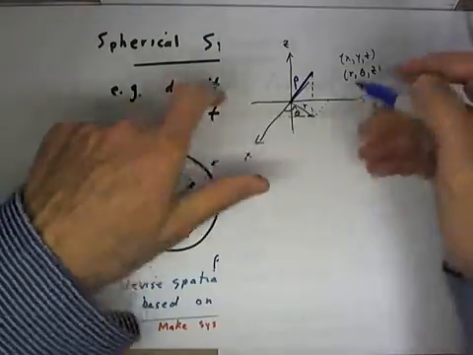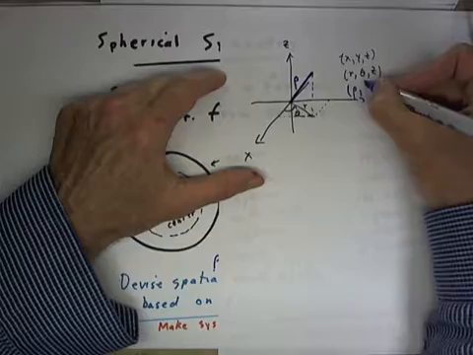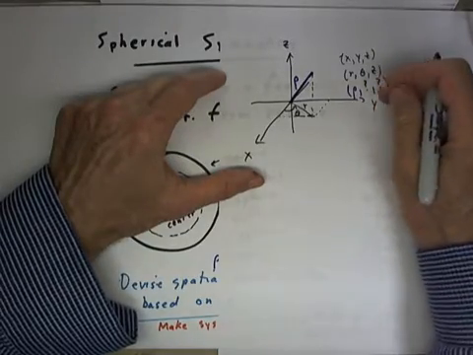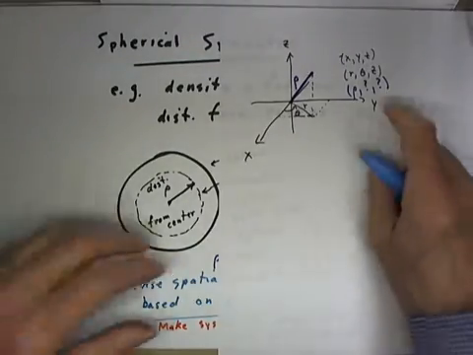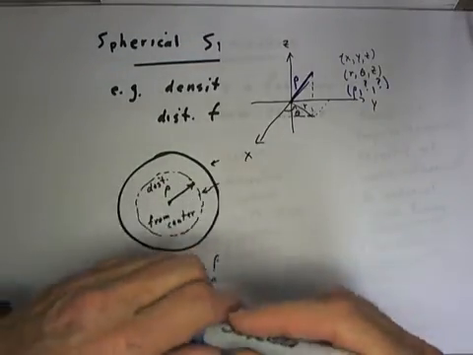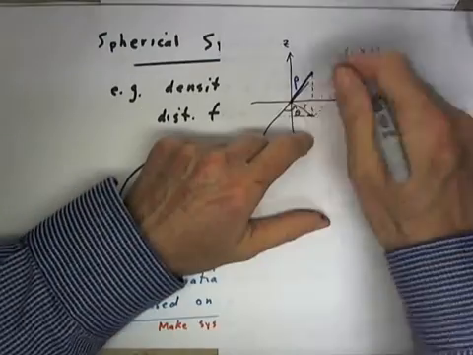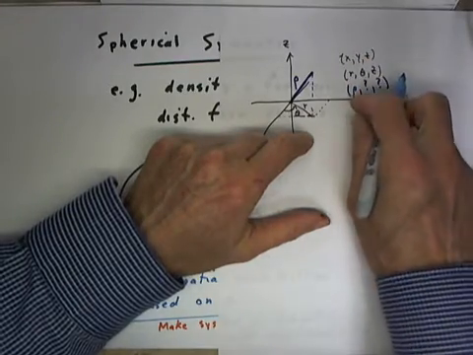The question is, what other coordinates do we want to use? We want to use rho and something else and something else, and we've got a lot of possible choices for what to use here. Before we make those choices, we'll make a connection between rho and the coordinates we have here.